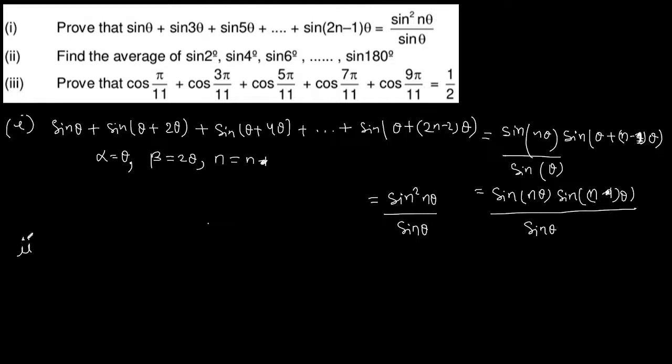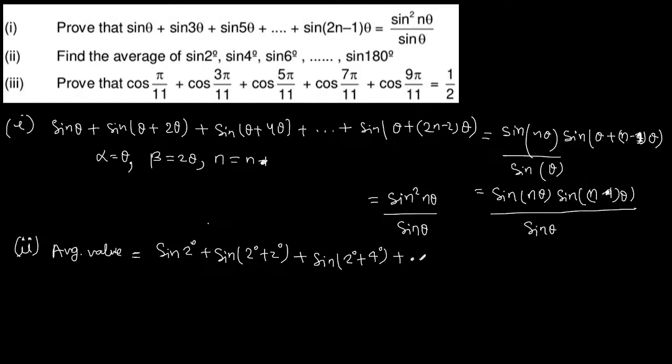Second one, find the average value of sine 2 degree plus sine 4 degree, which could be written as 2 degree plus 2 degree, sine 6 degree could be written as 2 degree plus 4 degree, dot dot plus sine 2 degree plus 178 degree.